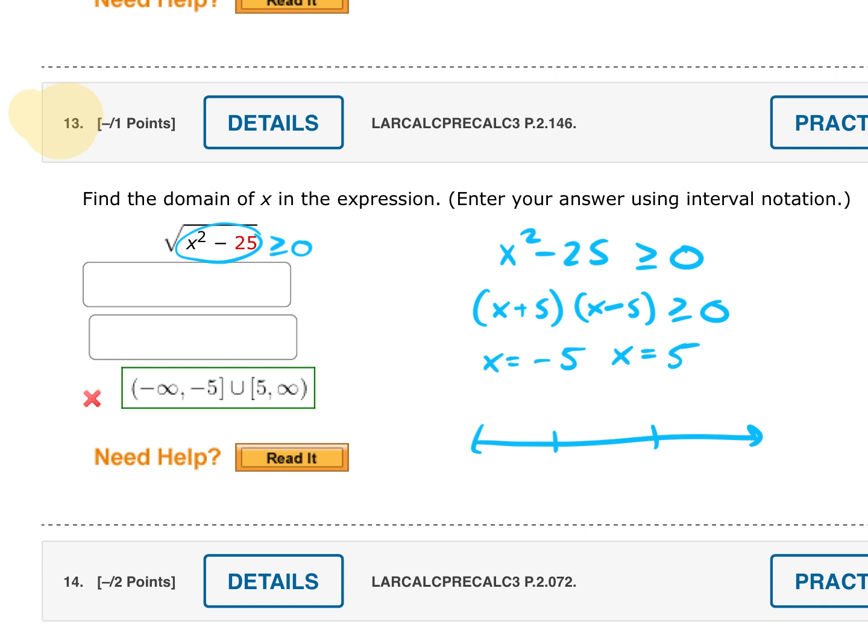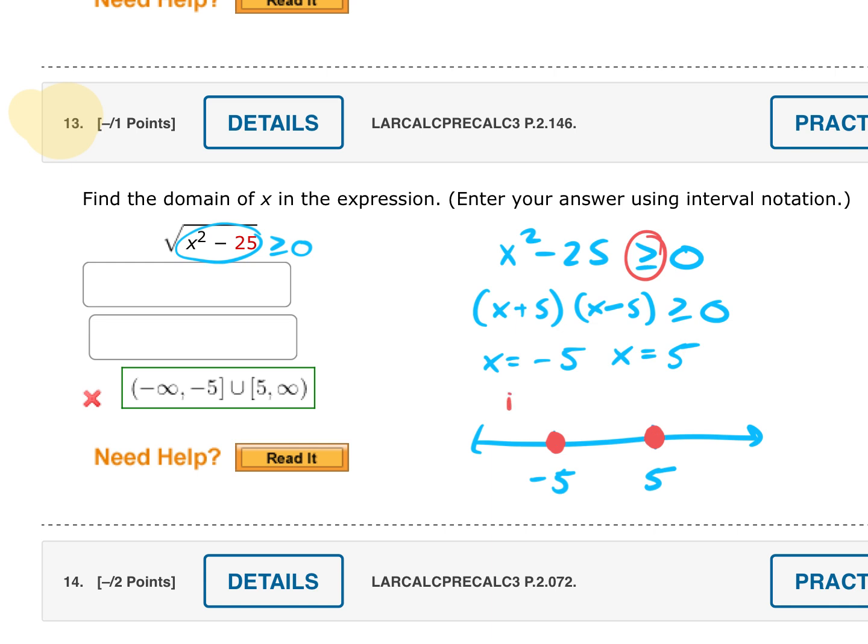Whenever you have a polynomial in your inequality and you end up with more than one answer, you want to test which interval it works in. So we have -5 and 5. Are -5 and 5 going to have open circles or closed circles? Closed circles because it is a greater than or equal to. That equal to makes them closed circles.